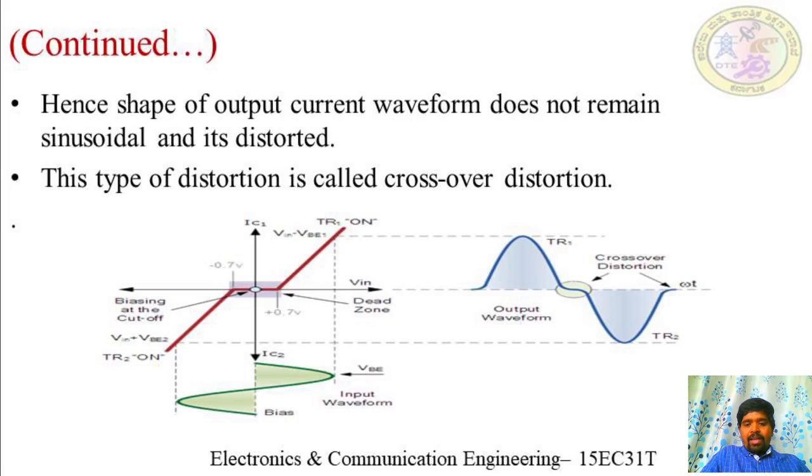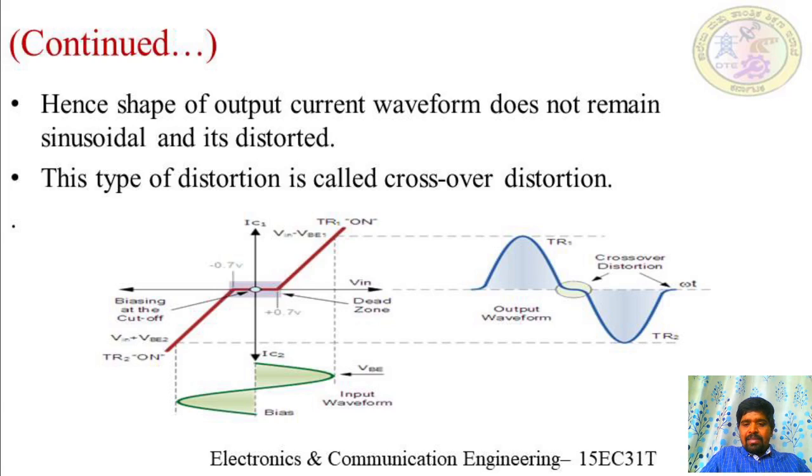That's why, if you observe the transfer characteristics here, one transistor starts conducting after this cut-in voltage, about 0.7 volts for silicon material, and the second transistor starts conducting after the negative cut-in voltage.